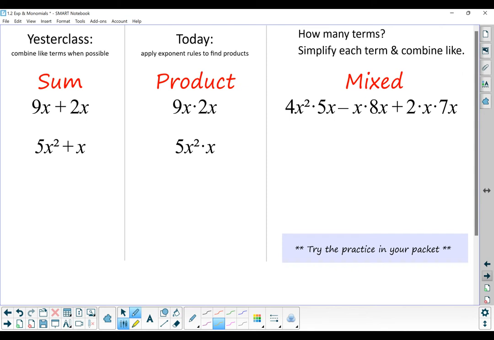So in lesson 1, we talked about combining terms when possible. So for example, 9x plus 2x, those are two terms that we can combine. 5x squared plus x, we can't combine those two terms, so it would just stay as is.